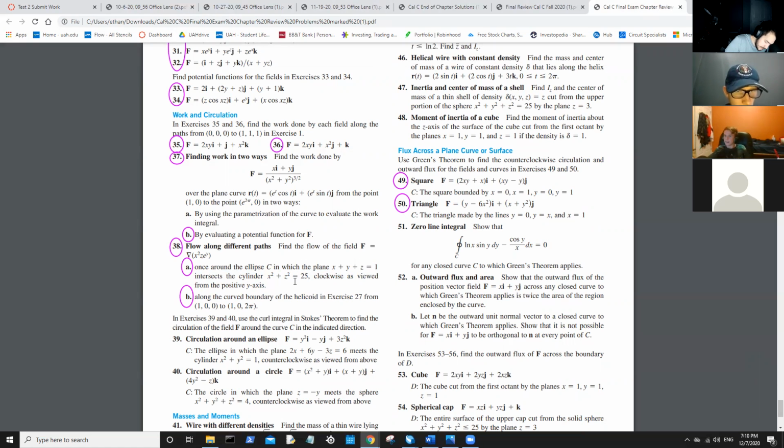Partial with respect to x here is just 2xi minus partial with respect to y, which is just e to the y still times j. So it's 2xi minus e^y j. Now our limits here are going to be a bit tricky because the question asks it in a weird way: once around the ellipse C in which the plane intersects the cylinder.